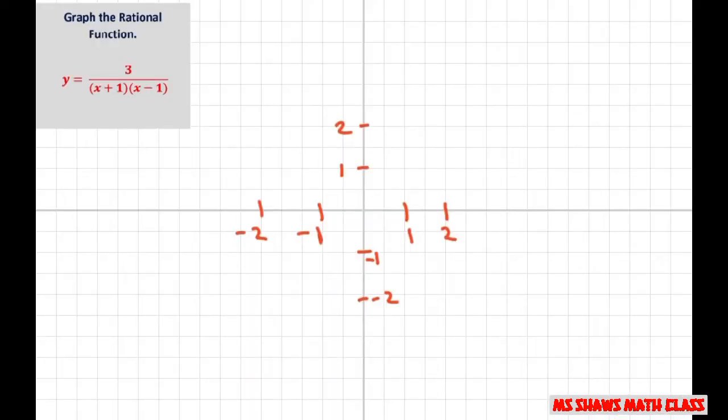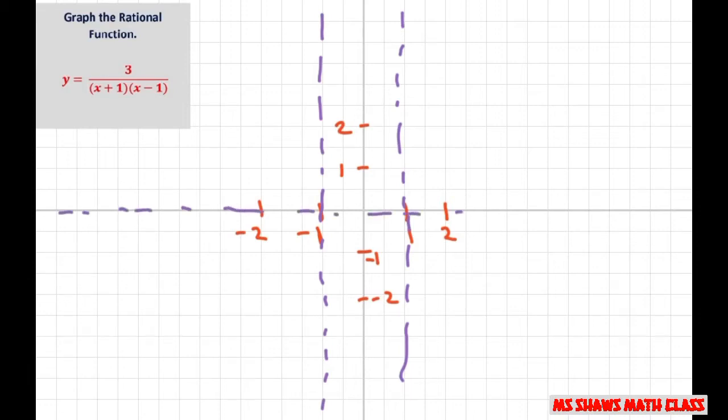Now let's graph it by using points. I'm going to graph my vertical asymptotes, which were at x equals -1 and x equals 1. We got this thing divided into three sections, so we're probably going to have 3 branches. Let's start on the right-hand side. This is your 1.